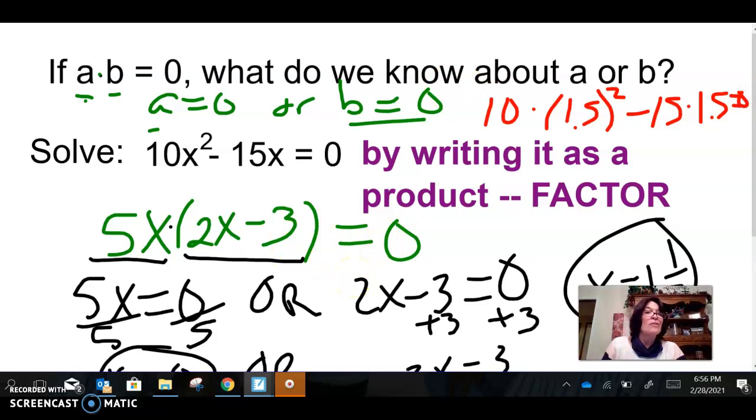I don't know. I have to do that on my calculator. Let's see. 10 times 1.5 squared, that's 22.5, minus 15 times 1.5 is also 22.5. So, yep, 0. Okay, so my two answers, 1.5 or 0. There's two answers to this quadratic.